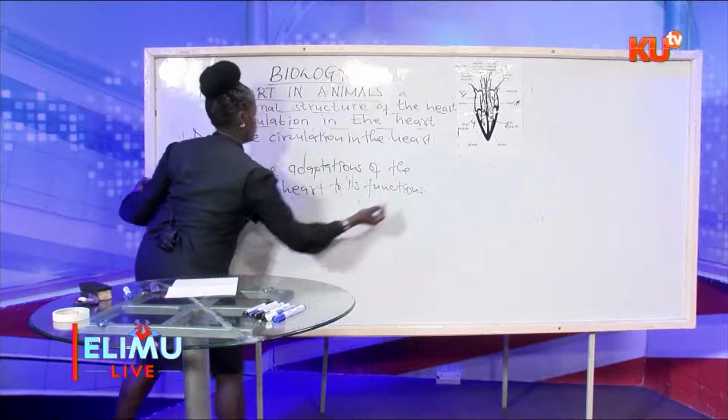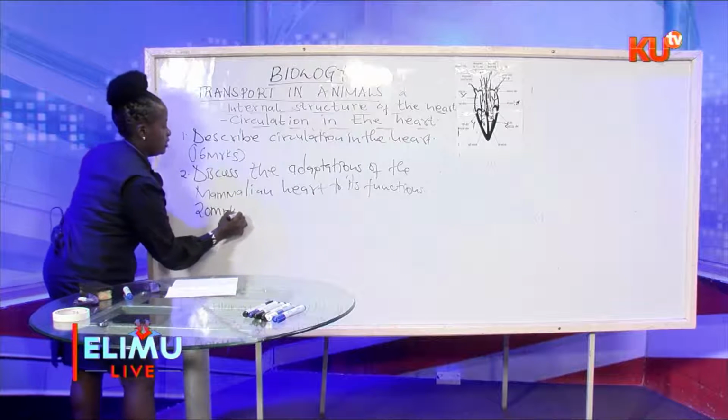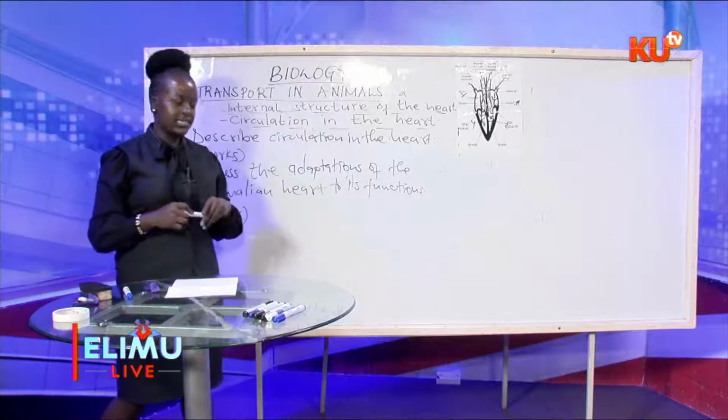There are many functions. So that will give you 20 marks. So I'm only going to highlight what is expected, and then you're going to do this as an assignment.